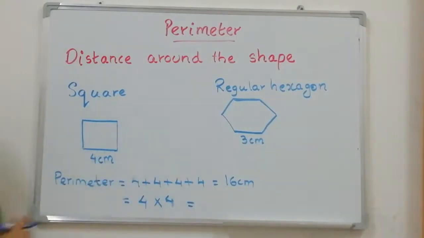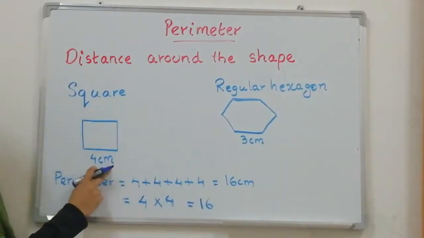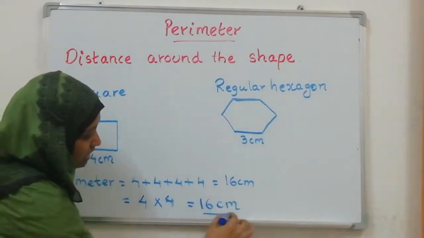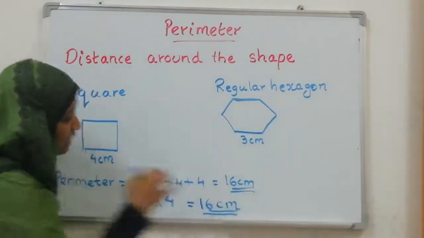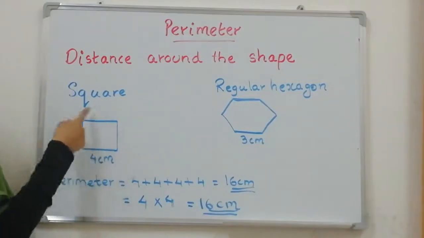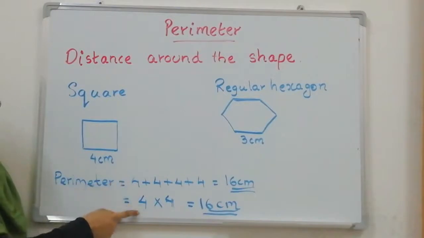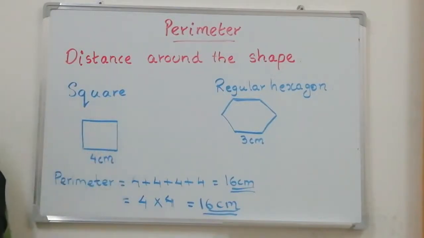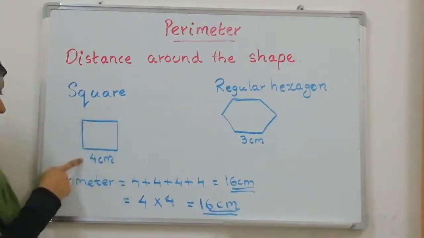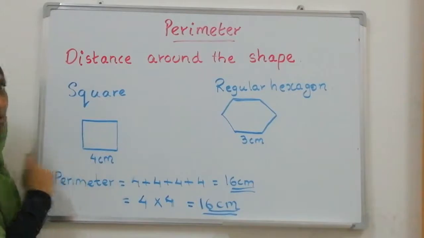It is equal to 16. And the unit of measurement here is centimeter, so your answer will be in centimeter. So you get the same answer both ways. Either you can add all the sides, or if the sides are equal, you can find the number of sides and multiply by the length of one side.